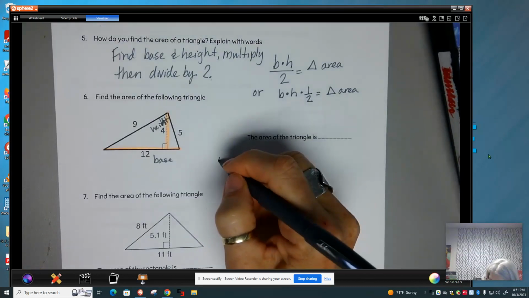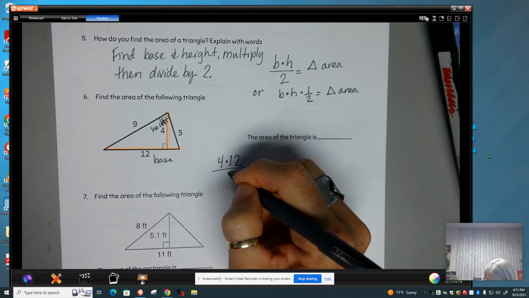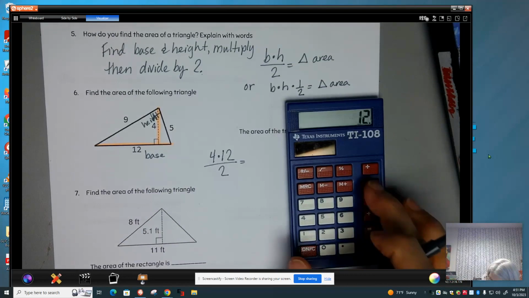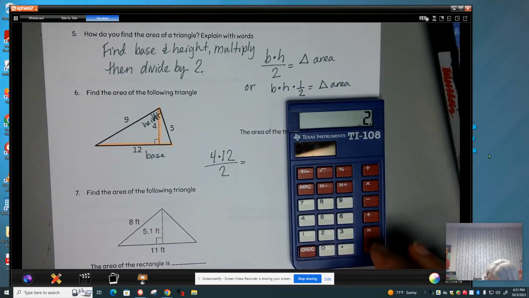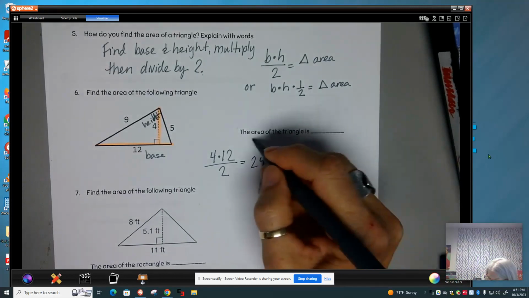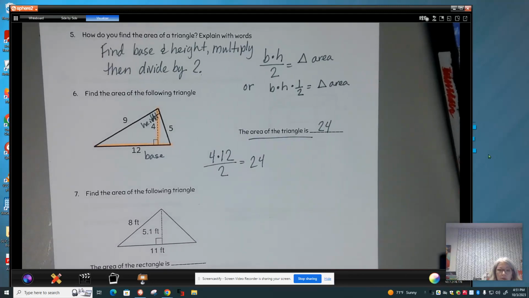So we have 12 times 4 divided by 2. 12 times 4 is 48, divided by 2 is 24. So the area of the triangle is 24, and I didn't put any units on that one.